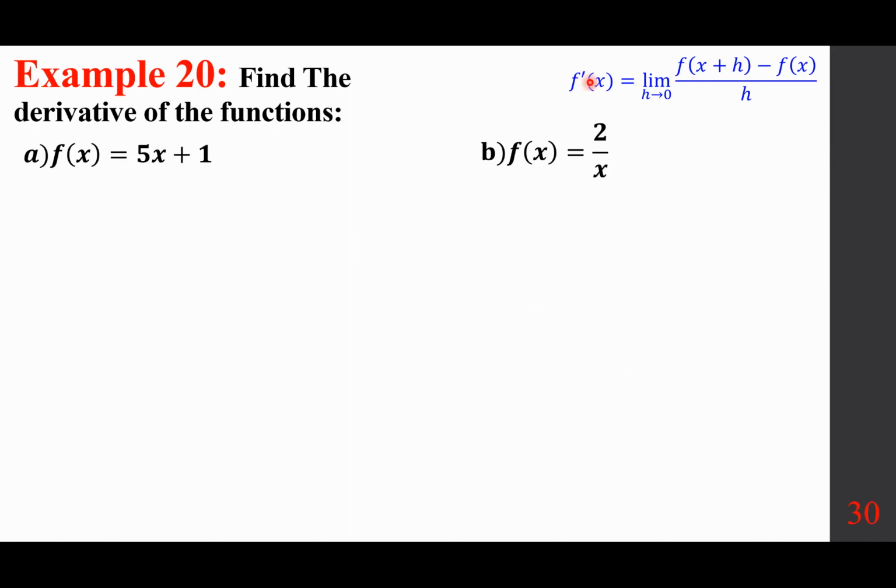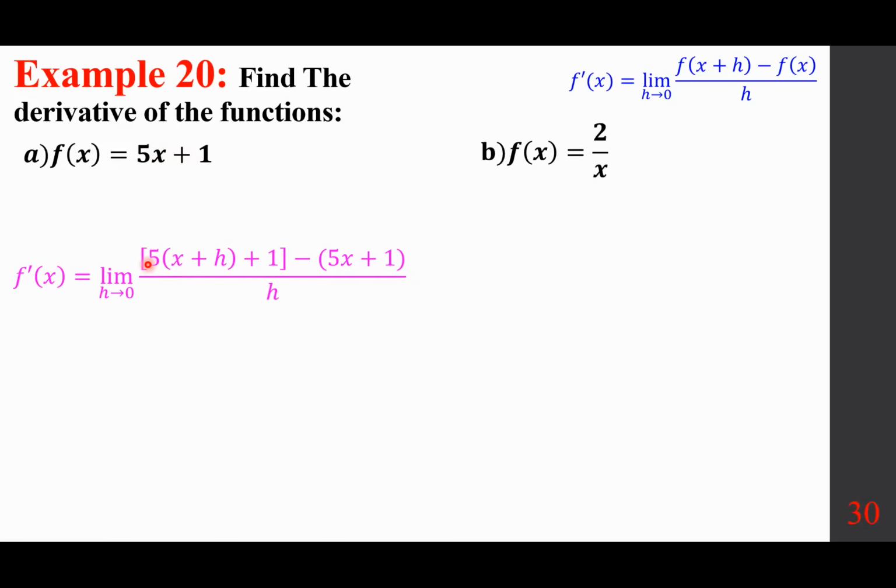So according to this formula for this one, f prime of x is the limit of 5x plus 1, we want to use x plus h, becomes 5 times x plus h plus 1 minus f of x minus the parentheses 5x plus 1 over h as h approaches 0. So I hope we can see this, which is elementary algebra. Now, you have to work on this algebraically, finish the job, get to the answer.